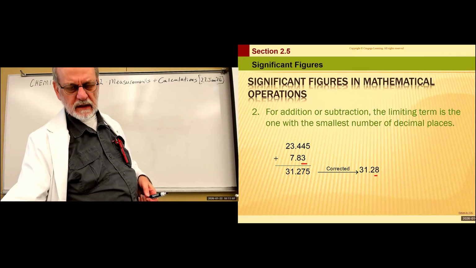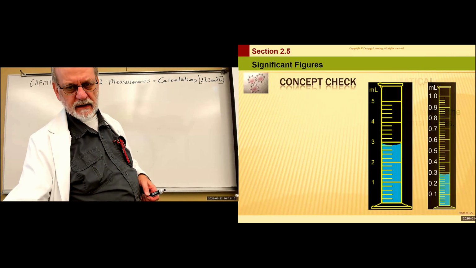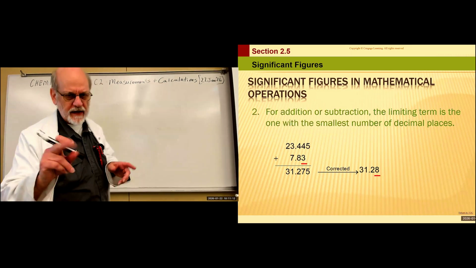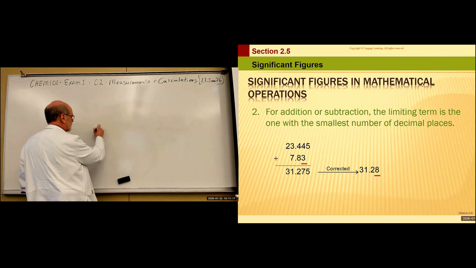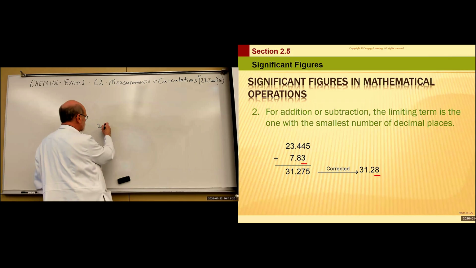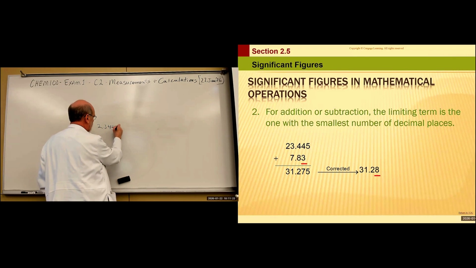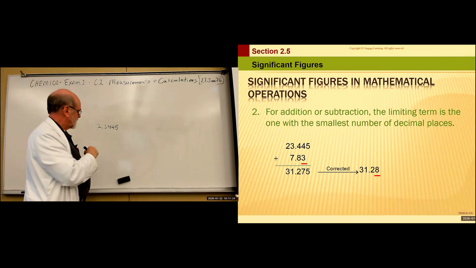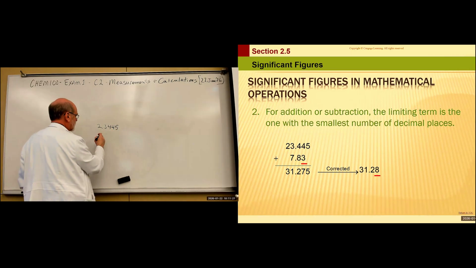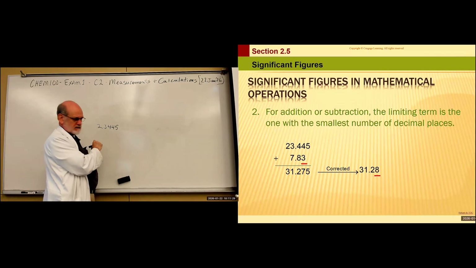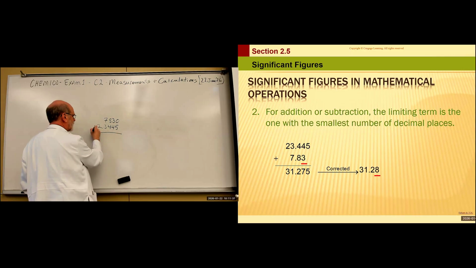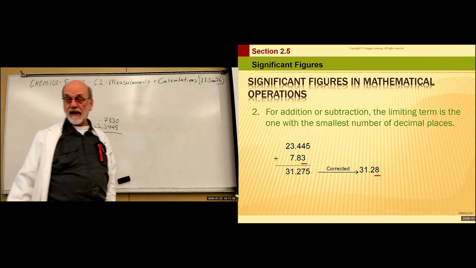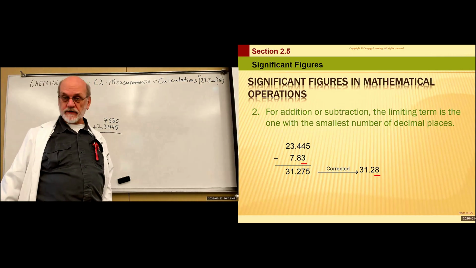Let's hold on that thought. Let's say you have 2, 3, 4, 4, 5, and 7, 8, 3, and 7, 8, 3, 0. I want to add those together. Now, how do I know where to stop?